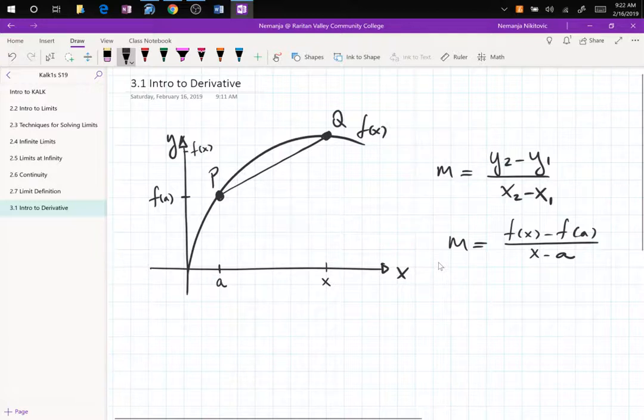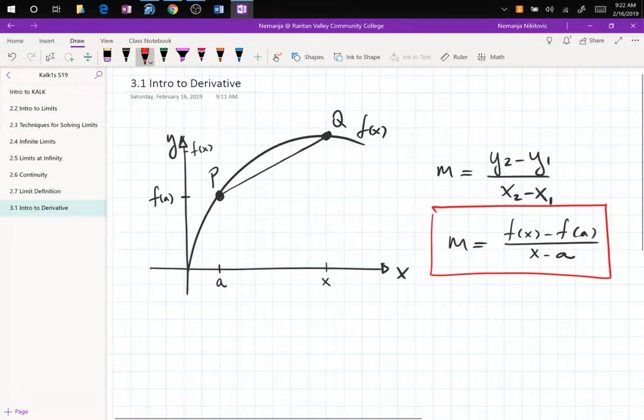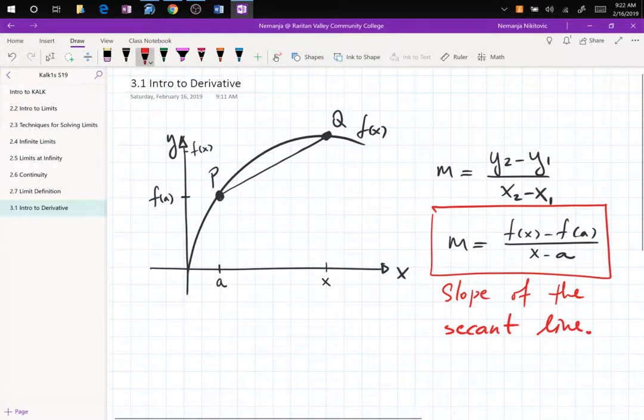So this would be what we call the slope of the secant line. So I am going to box this and say slope of the secant line. Secant is a word with Greek origins. Secant in Greek means to cut.